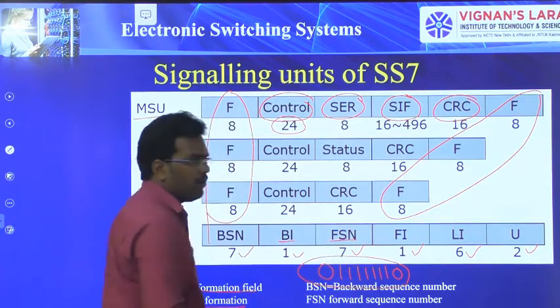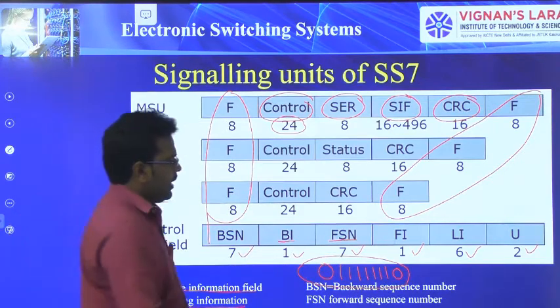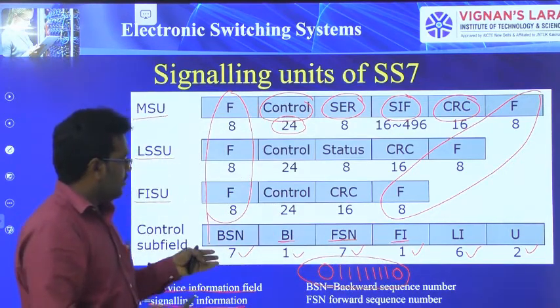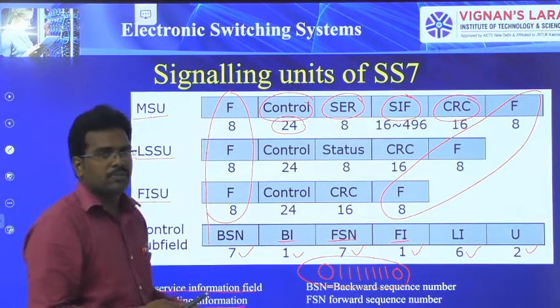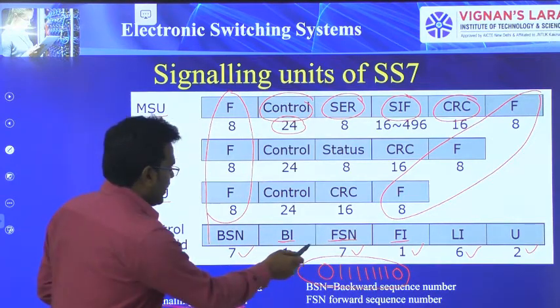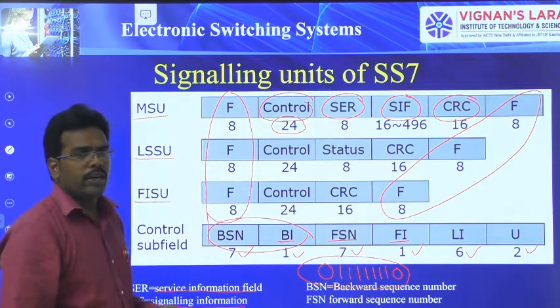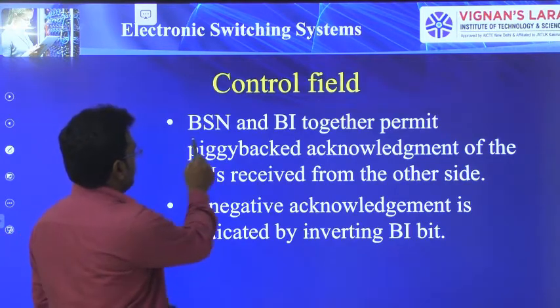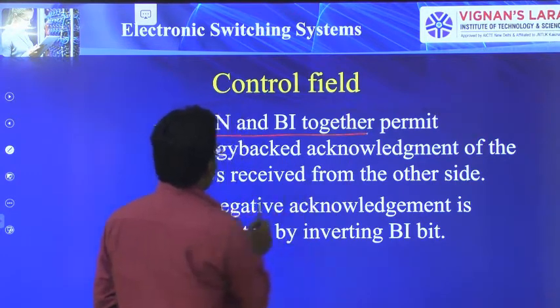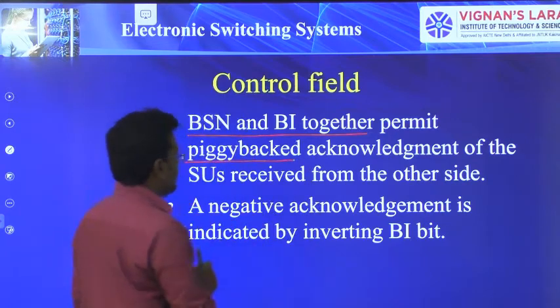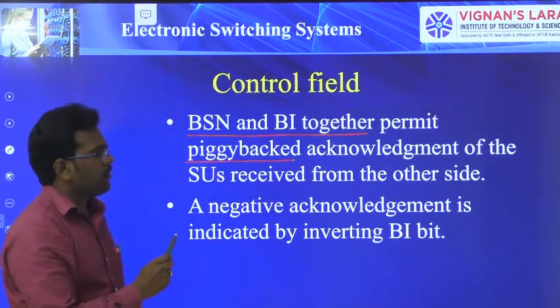FSN stands for forward sequence number, and FI for forward indicator. Now we'll see what BSN and BI are for. BSN and BI together are useful for acknowledging, and permit the piggybacked acknowledgement of the SUs received from the other side.